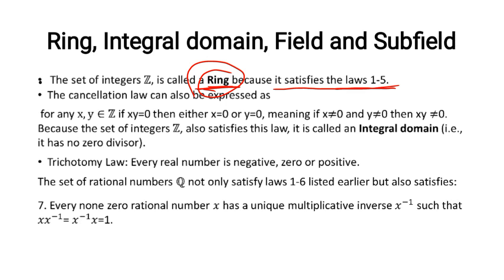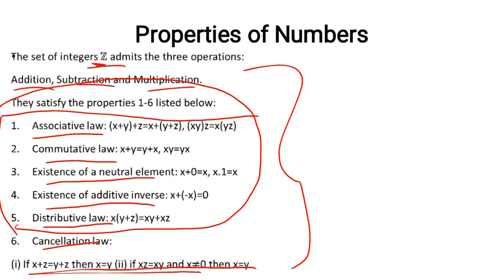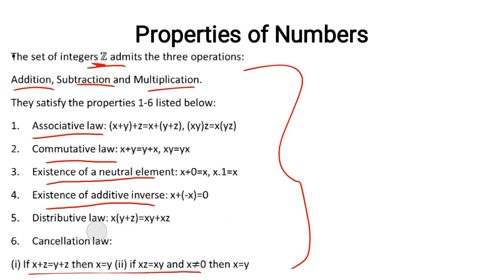Because it satisfies those 5, they are called rings. Now, the cancellation law can also be expressed in this form: if x is not equal to 0 and y is not equal to 0, then x times y is not 0. That's another way of writing this cancellation law, identity number 6.